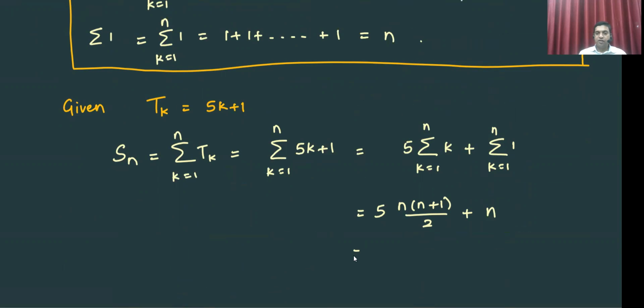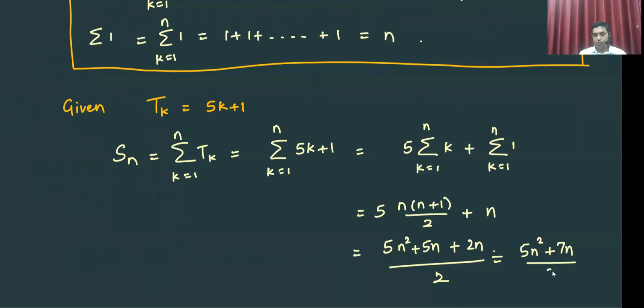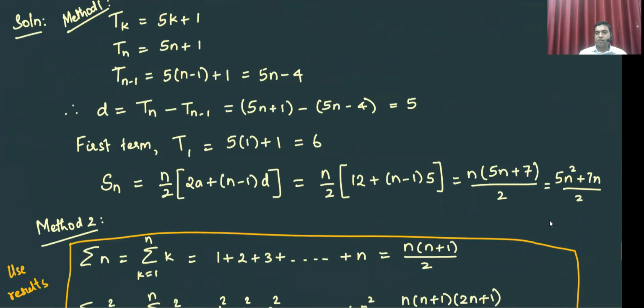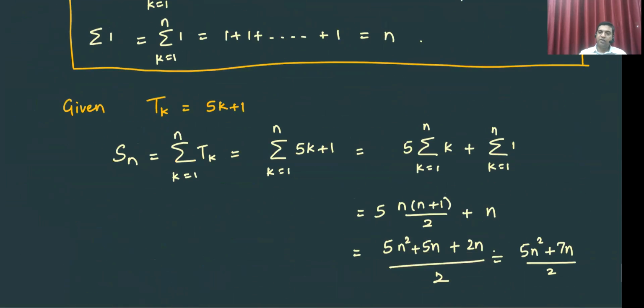All right. Now you observe this. This is 5n square plus 5n plus, when you bring it to the common denominator, you will get 2n by 2. You get 5n square plus 7n upon 2. Same result. So in this, you don't have to find the first term.